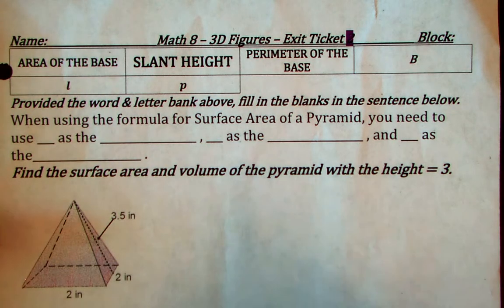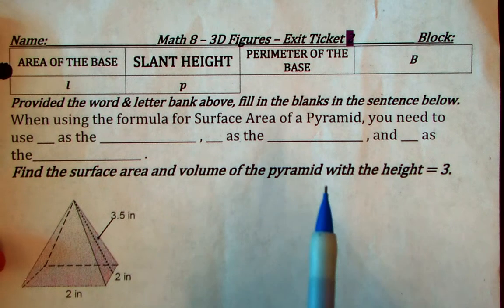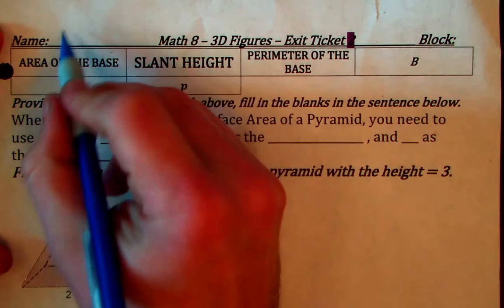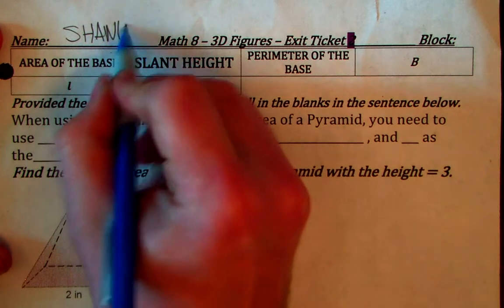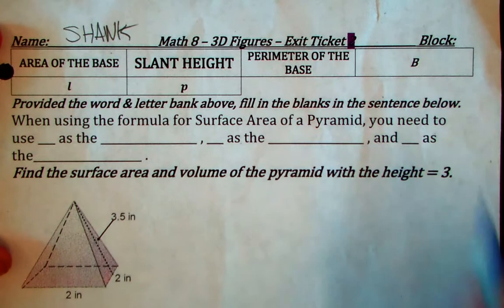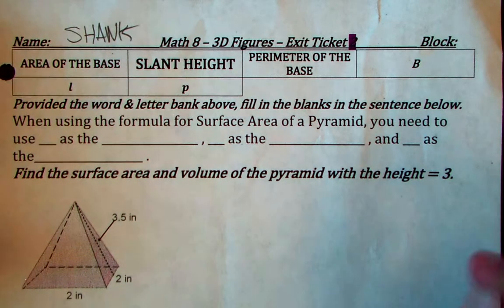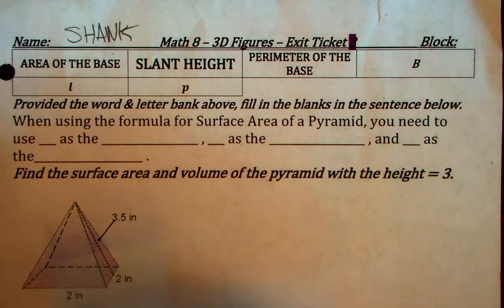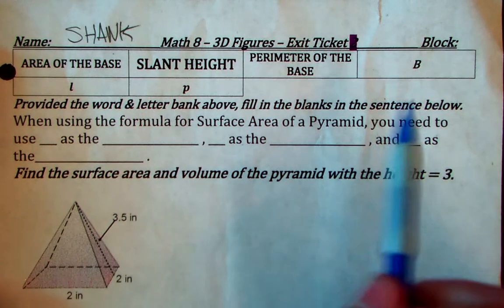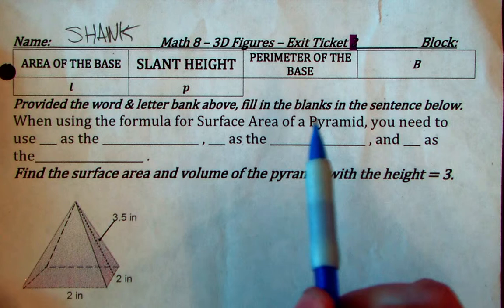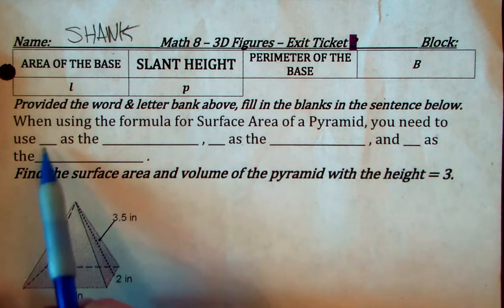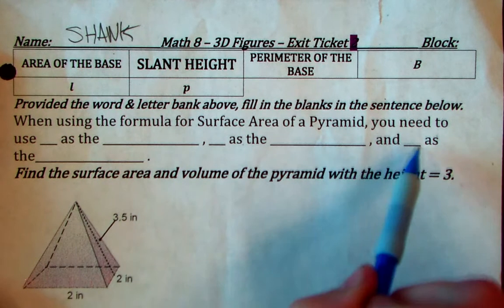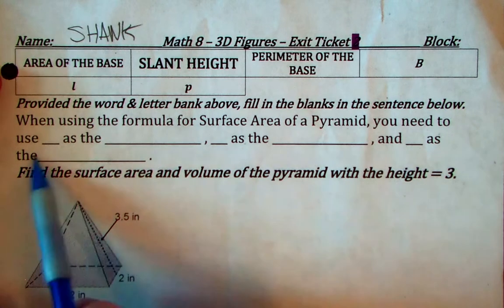And for this exit ticket, you want to make sure that you're, as always, labeling it for yourself with your appropriate name and not mine. In that word bank, just like in the last exit ticket, you want to make sure that you're spelling correctly, and it has the same repeated steps just like before.